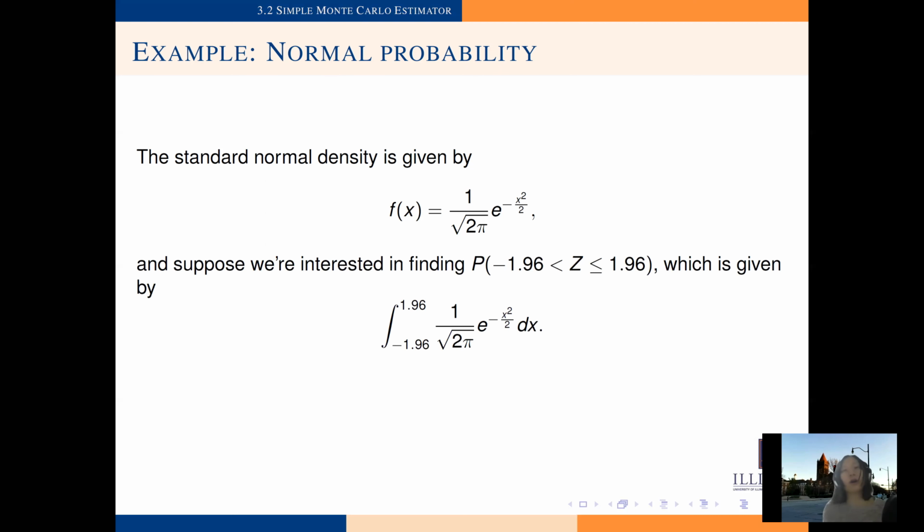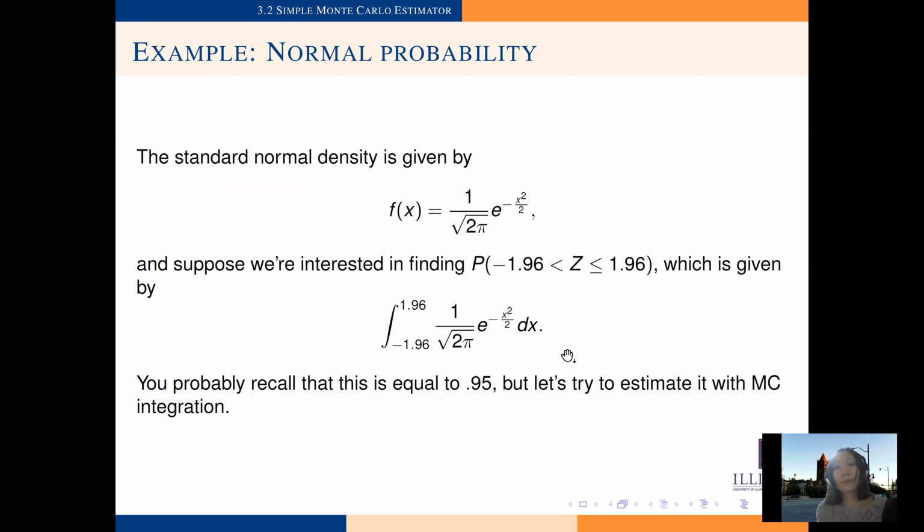So suppose that we were interested in finding the probability that the standard normal random variable z lies between negative 1.96 and positive 1.96. This, by definition, is given by the integral from negative 1.96 to positive 1.96 of the normal density times dx.